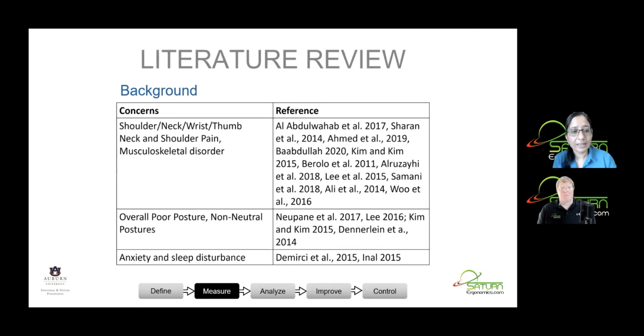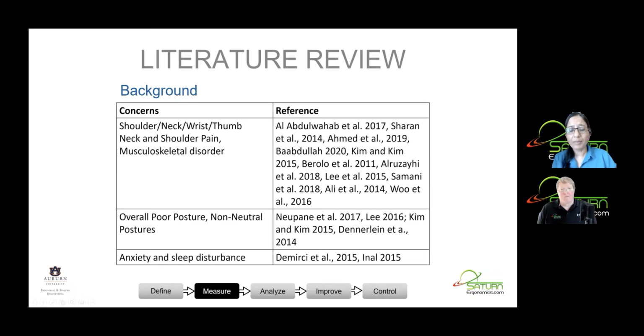We have witnessed that some researchers have tried to address the issues people are facing due to the prolonged use of smartphones. Those are problems in the shoulder, neck, wrist, thumb, neck and shoulder pain, and MSD.